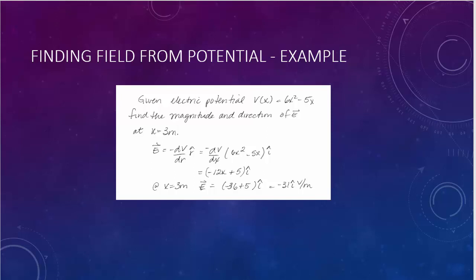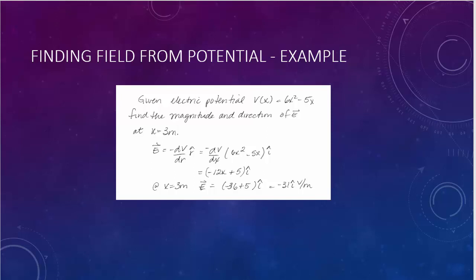And so you take the derivative of that function with respect to x, since that's the only variable in there, and then once you get that derivative, you evaluate it at 3 meters, since that's what it asked for, and end up with, in this case, a negative 31 I hat volts per meter.